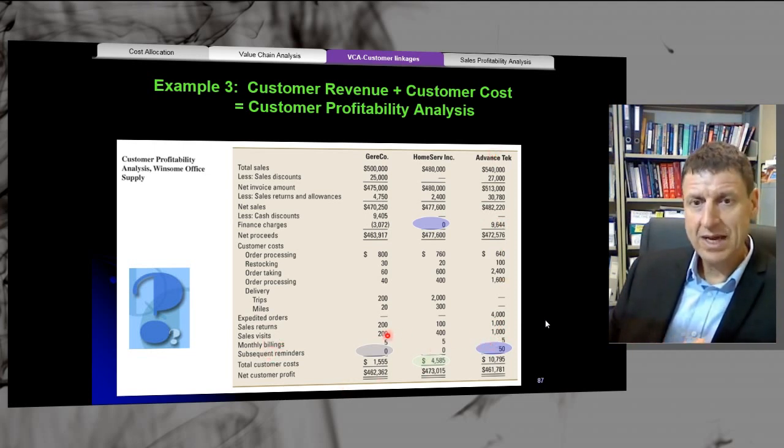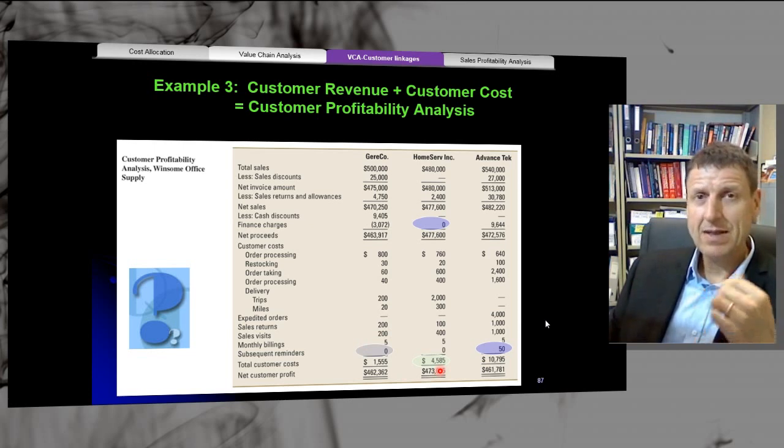If we can get more of Jerry Company or Home Service with 20% fewer salespeople, then we don't need to have Advanced Tech, and we can still bring in the same amount of money and reduce our sales costs. See that? That's one decision.